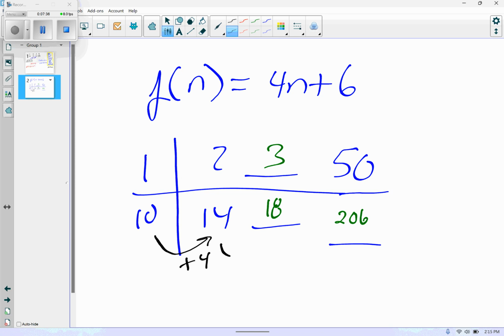Plus 4, plus 4. Yes? And then in order to get way out here, it's a whole lot more plus 4s, right? But I don't have to write plus 4 a whole bunch of times. So our recursive function might be last plus 4, something like that.